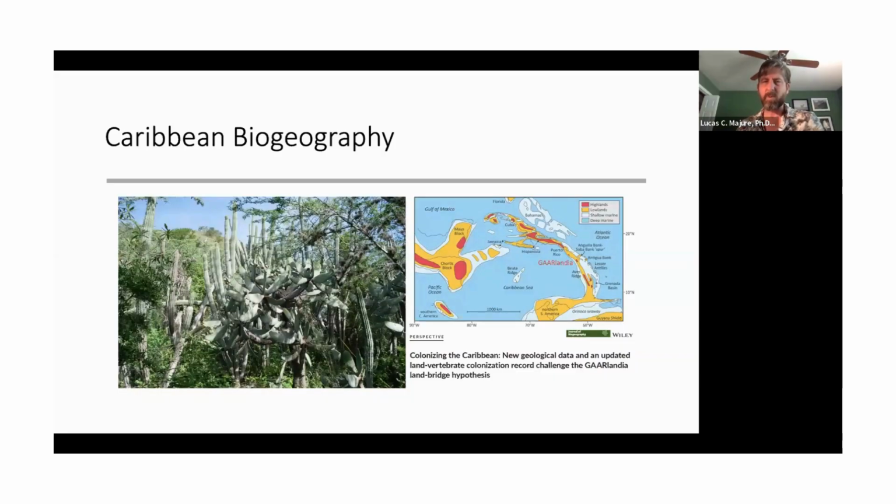And that's going to be really important when we're thinking about the family Cactaceae, because the family Cactaceae, at least based on our estimates, is probably around 35 million years old. It's a really young family compared to most of the other flowering plant families. And so this GAARlandia hypothesis does not really work for us when we're trying to make decisions or provide hypotheses about how this group ended up in the islands.